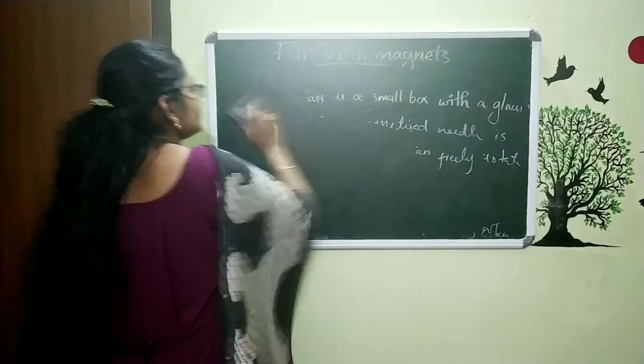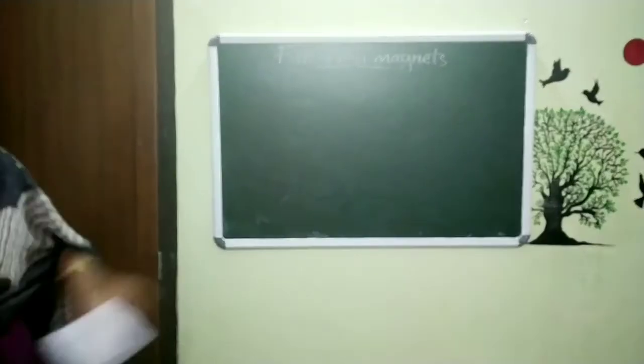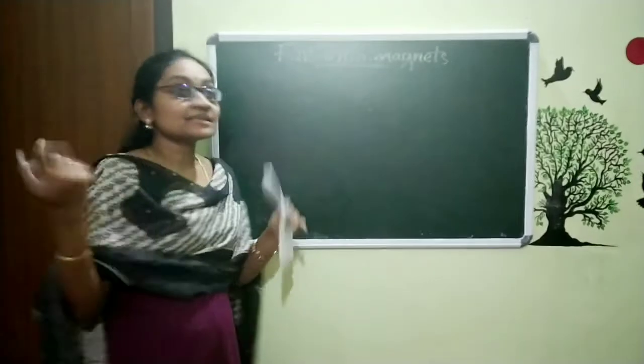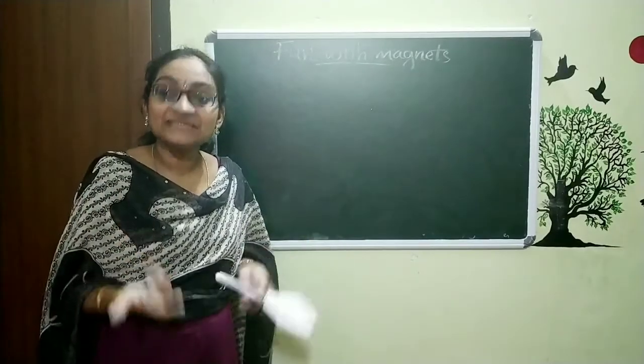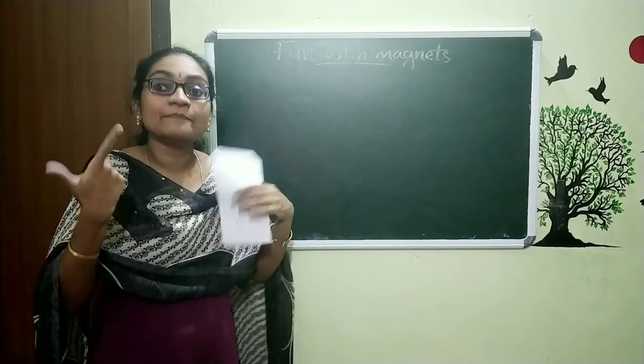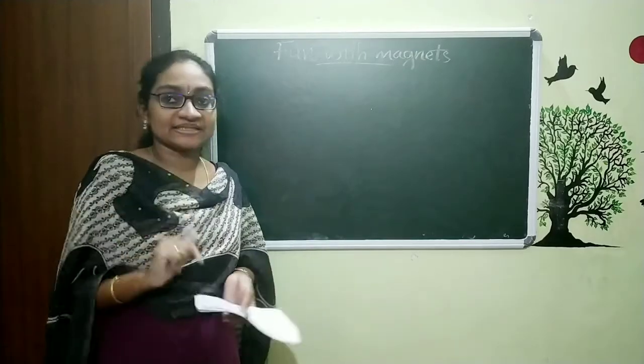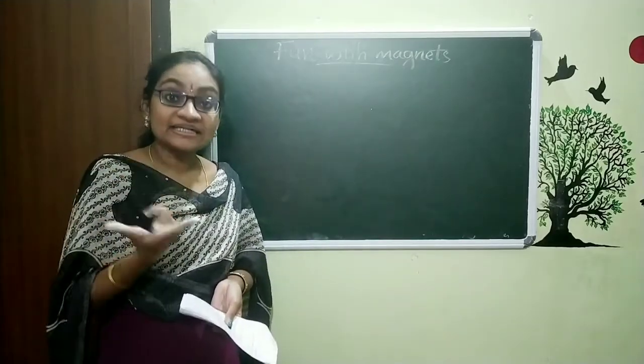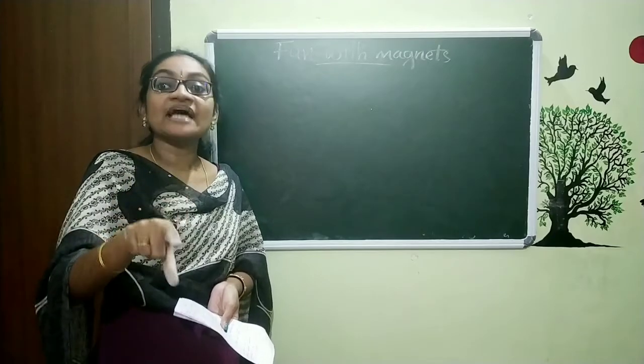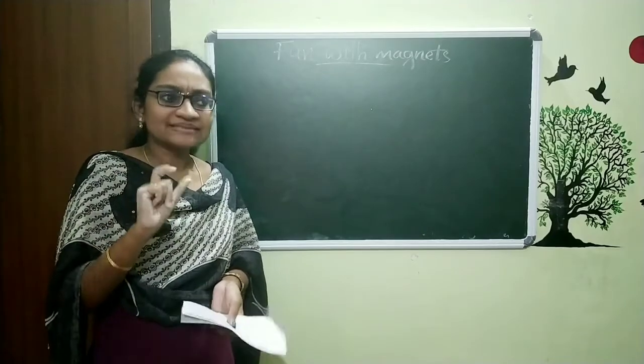And now the next topic is this. Within this definition I said a magnetized needle. Actually, I am making a particular substance into a magnet. That means a particular conducting substance is made into a magnet. That is a simple procedure.